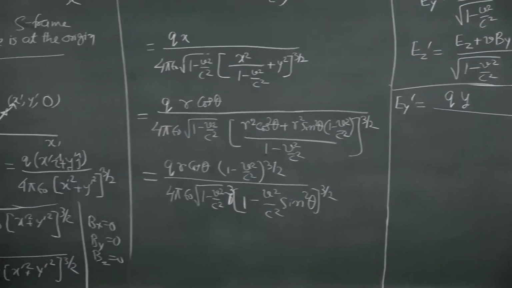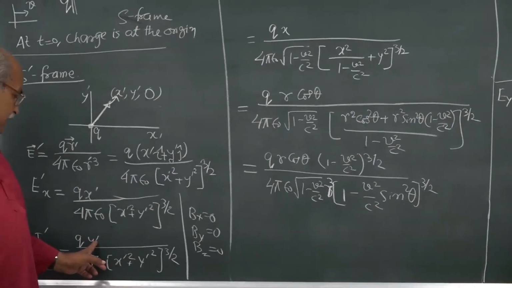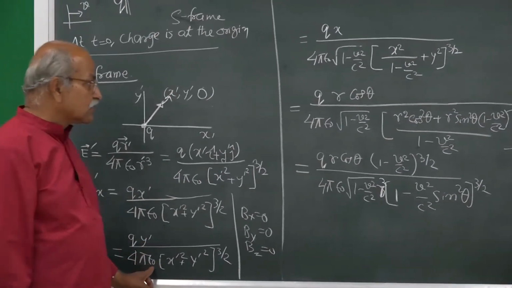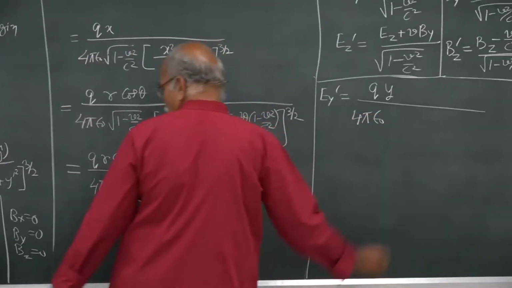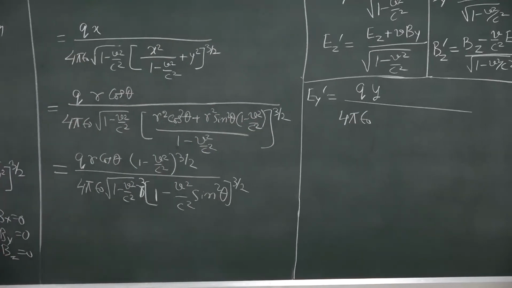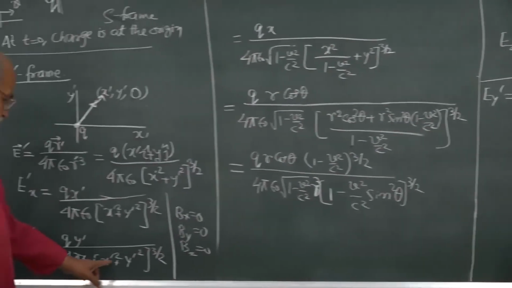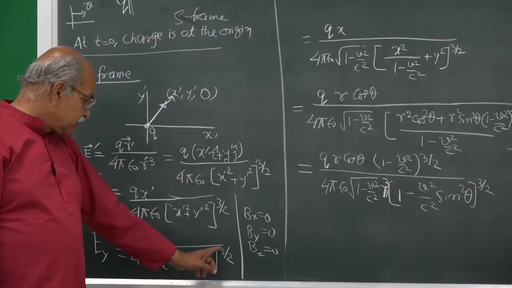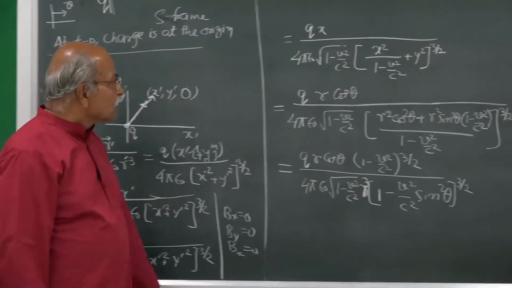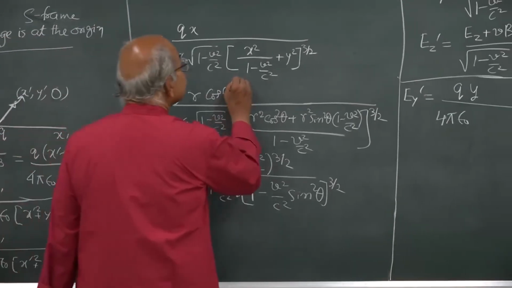So, y prime is y, and here 4 pi epsilon naught, and after that square of x prime, square of y prime, add, power 3 by 2, that is just this thing.